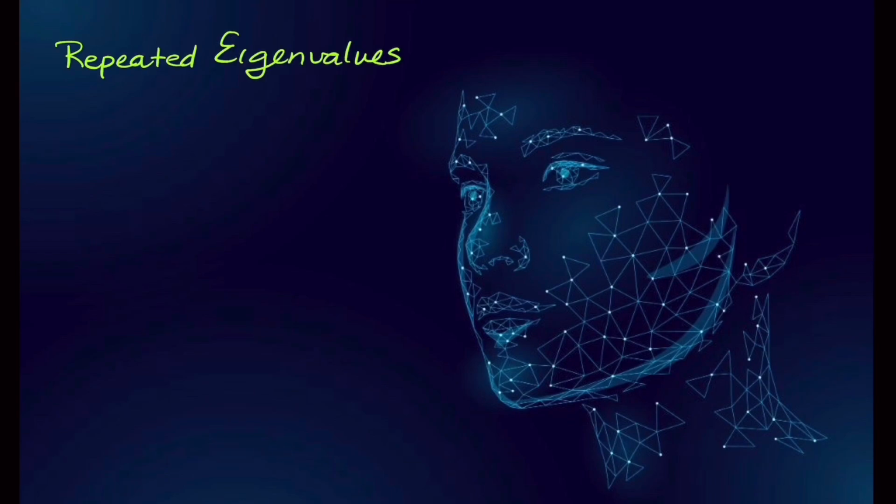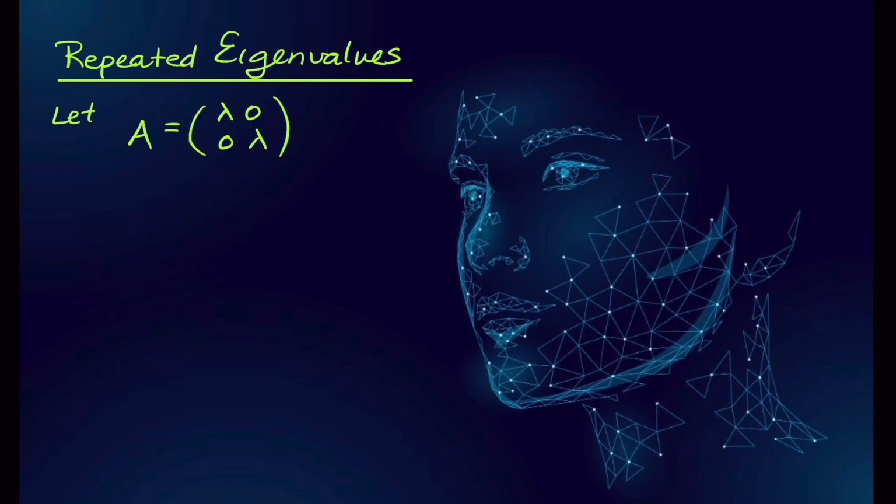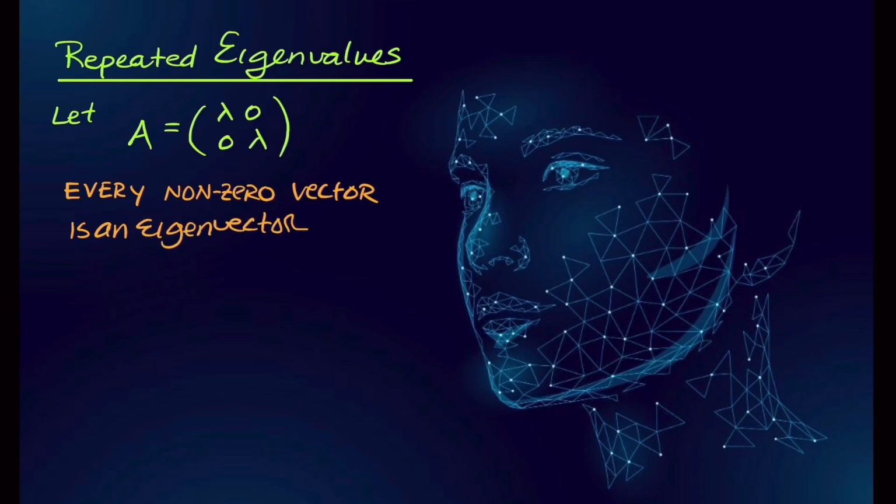We also must consider what happens with repeated eigenvalues. So let A be the matrix lambda, 0, 0, lambda, lambda being the repeated eigenvalue. Every non-zero vector then becomes an eigenvector, since it satisfies the equation Av equals lambda v for any vector in R2.